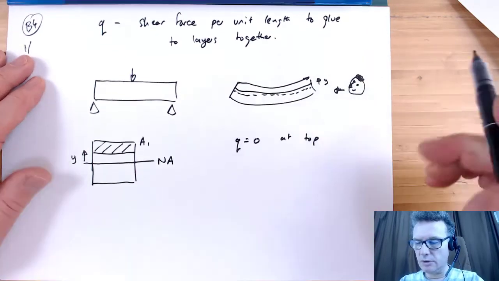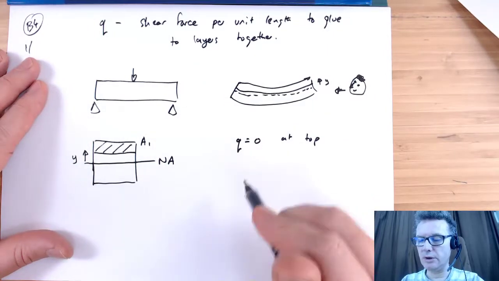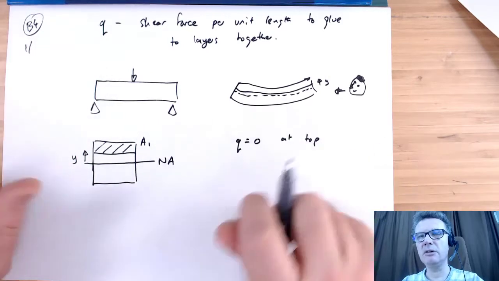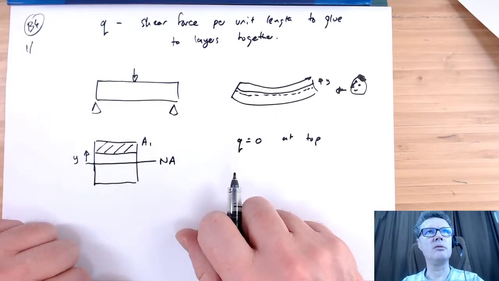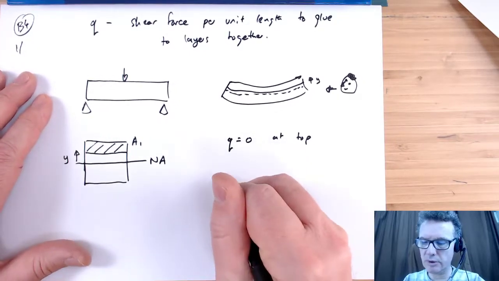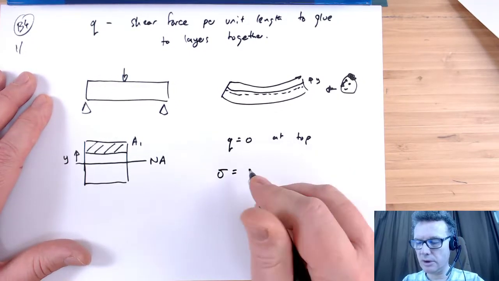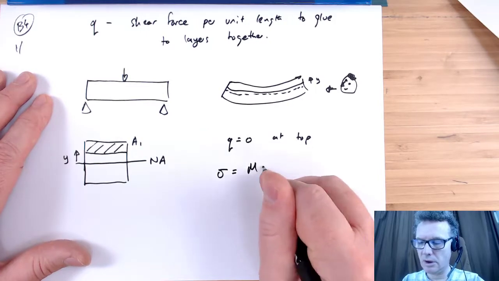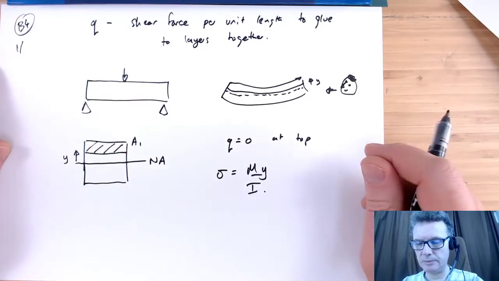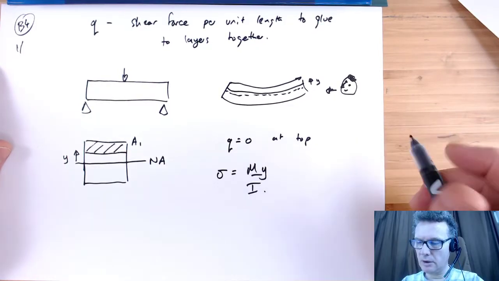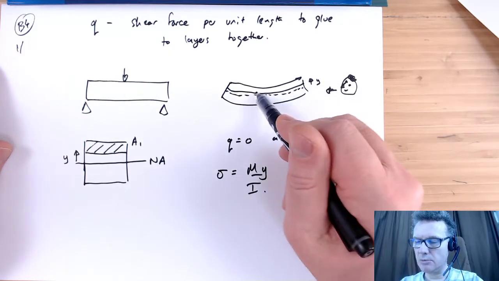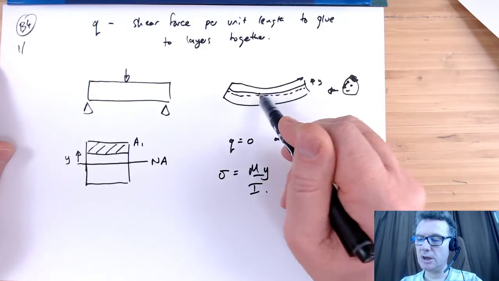Right, what should I do? Certainly I want the engineer's bending equation recast into the vectorial form. So we've got stress equals My over I. I'm going to want to use that, and let's look at our beam and examine a particular element.